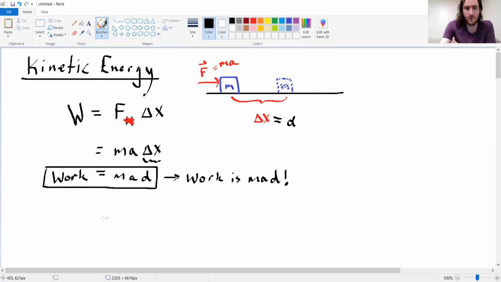You may remember a formula that we had in chapter 2 that was different from the other formulas. It had velocity squared in it, the only formula we had with velocity squared. The formula looks something like this: 2 times the acceleration times the displacement in the x direction plus the initial velocity squared was equal to the final velocity squared.